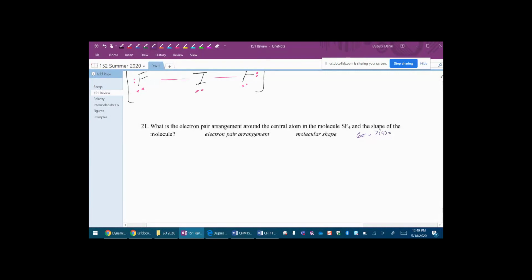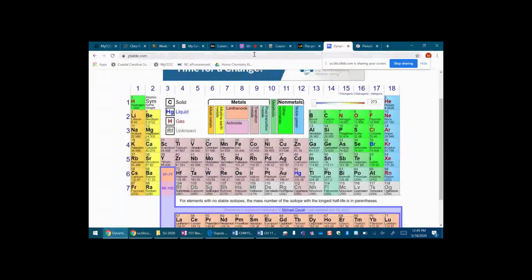That'd be what? 44 electrons, is that right? No, 34. Isn't that right? So let's go look at the table. Sulfur has 6 valence electrons. Fluorine has 7. All right, so 7 times 4 plus 6, 34.